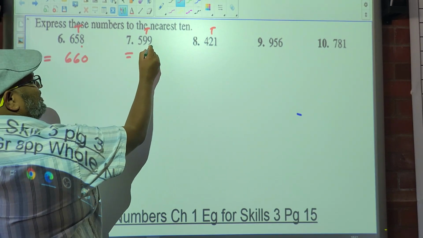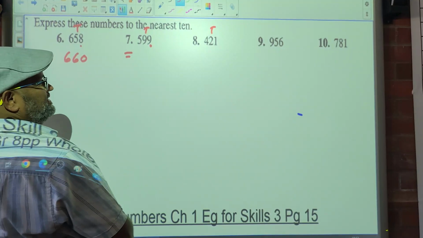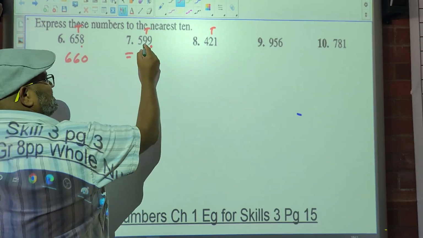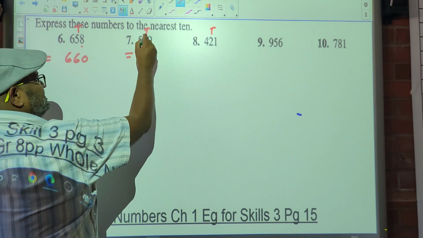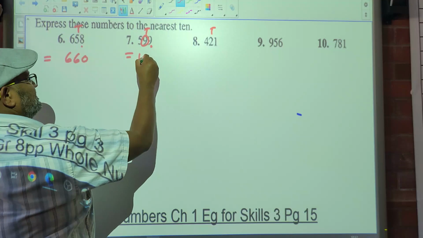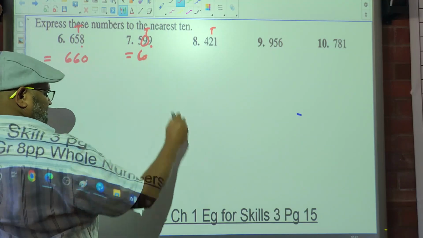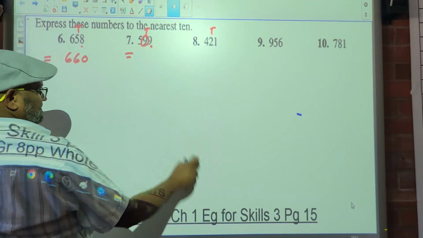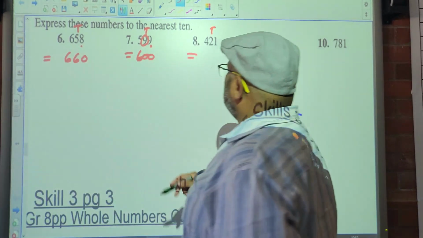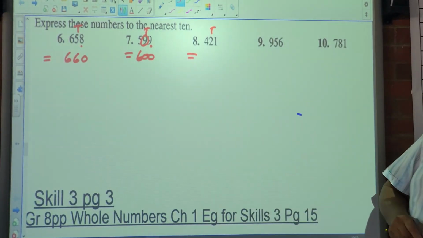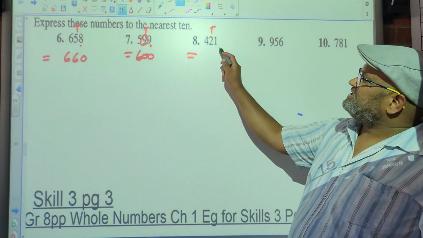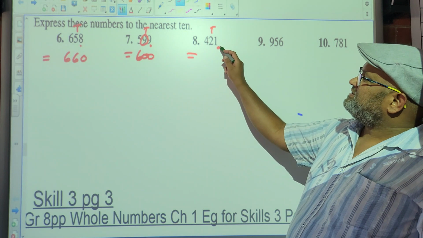Look at the next number. That 9 is dependent on the units digit, which is also 9. Is that greater or less than 5? Greater. So it's going to change this to a 10. Not so. So that's going to become 600. You all okay with that? Look at the next one. 421. So this is the unit digit.